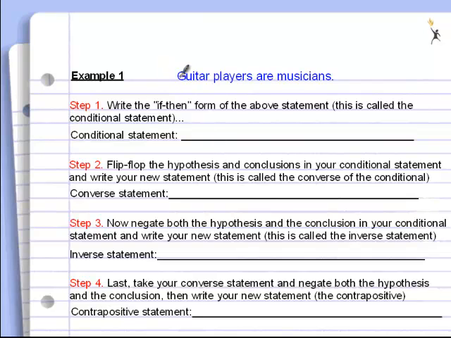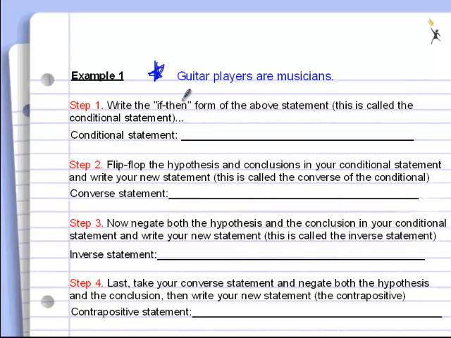We're given a statement here. Guitar players are musicians. Now, regardless of if that's true or false, who cares? Step one is write the if-then form of the above statement. And we're going to get our conditional statement off of this. So how could I write this statement right here as an if-then?